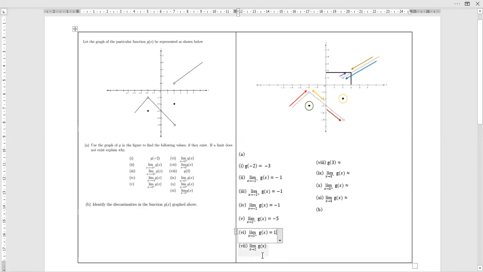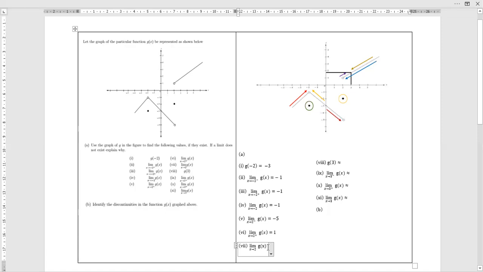Now, question 7 is asking us, what is the limit of g of x as x is approaching 2? Remember, for the limit to exist here, the limit as x is approaching 2 from the left-hand side and from the right-hand side must be equal. But we can see from 5 and 6 here that they are not equal. So we conclude here the limit does not exist.